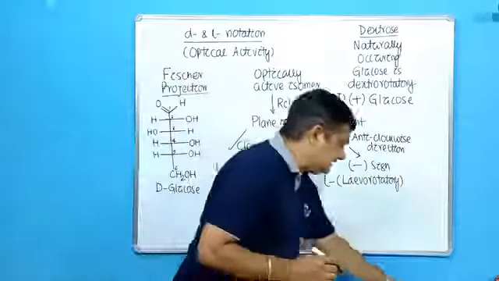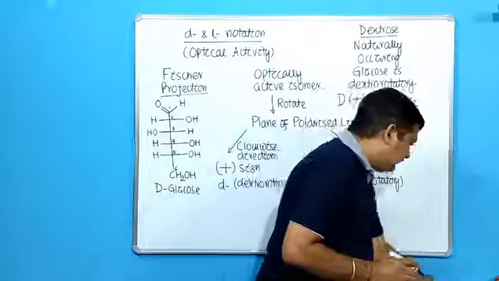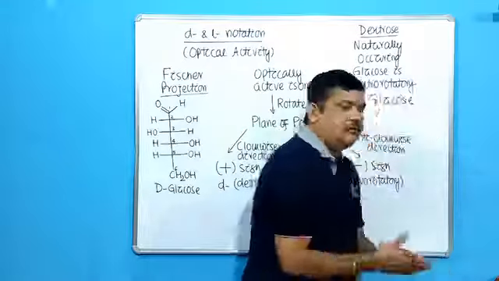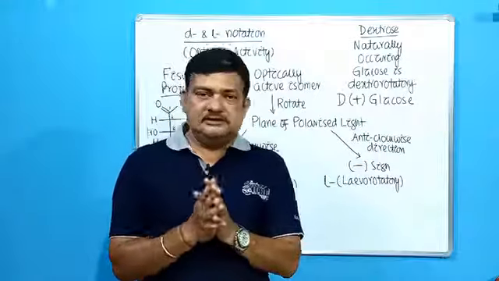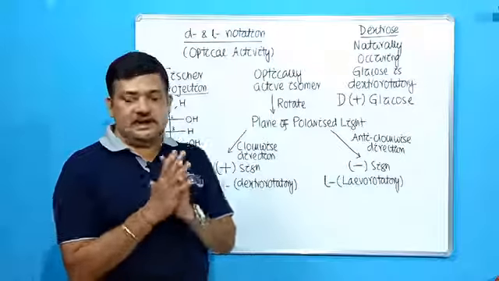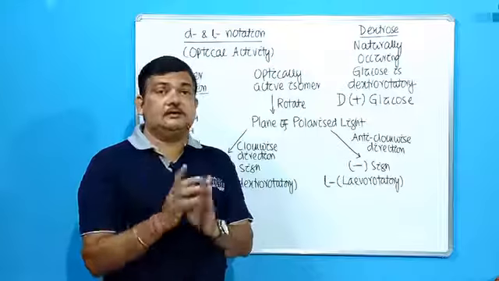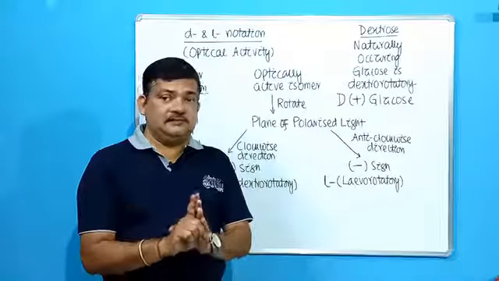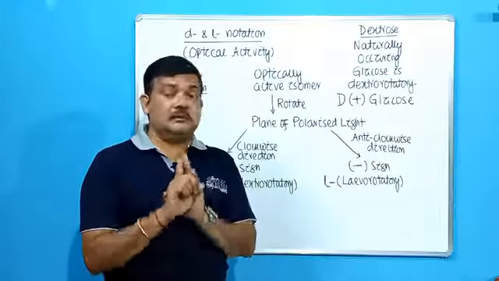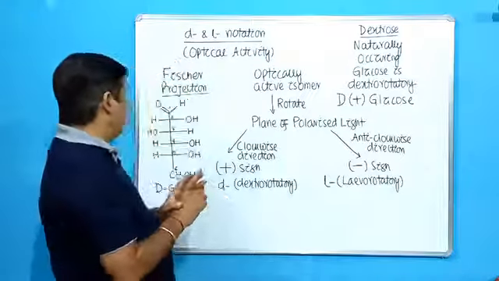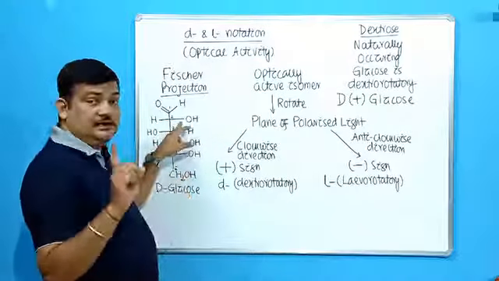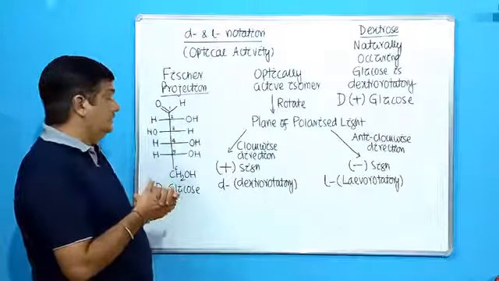Then the assignment for today's class. There are two assignments, listen mindfully. First, I told you what an epimer is. An epimer is a diastereomer in which the orientation of the hydroxyl groups is different at only one carbon atom, that is, the second carbon atom in the case of glucose.